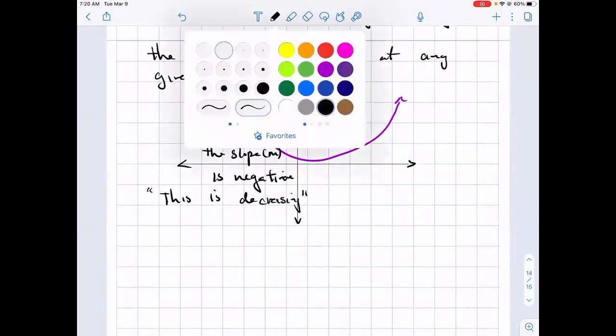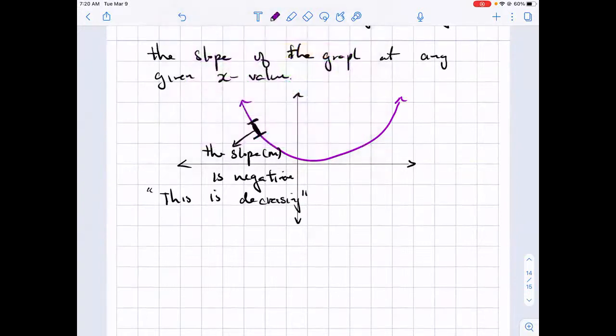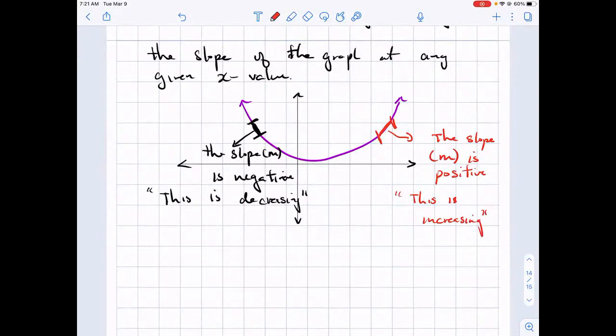On the other hand, if we look at the slope, let's say that piece here, the slope m is positive. This is increasing. So that's how we basically tell if it's increasing and decreasing.